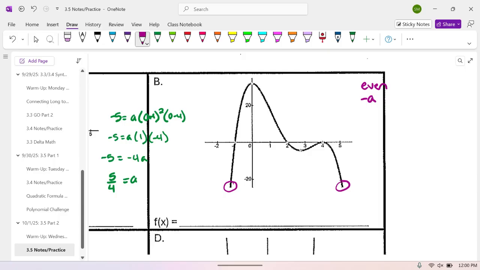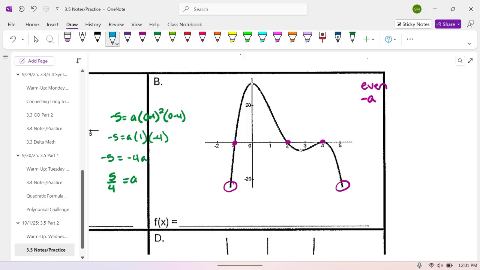Now, what are my three roots, Layla? Good. What are those three roots written as a factor, Caden? So what's -1 written as a factor? Remember, we're writing it as x plus or minus some number, and we're typically switching the signs.